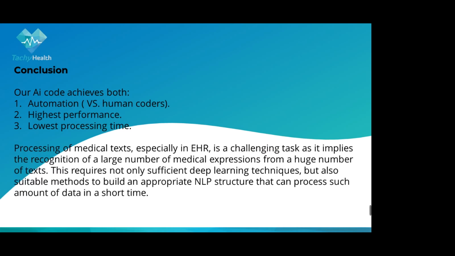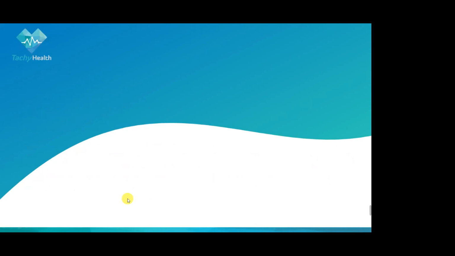But we do it efficiently using deep neural networks, and we train our neural network to extract only medical expressions, which are diseases, medications, and lab tests, in a short time. So, thanks for listening.